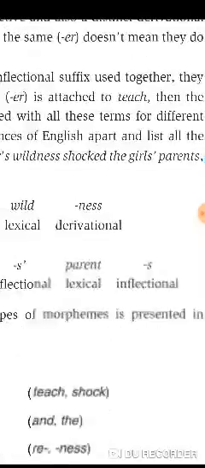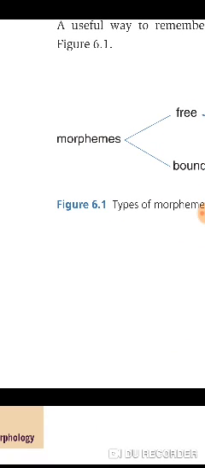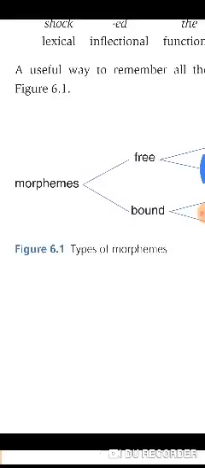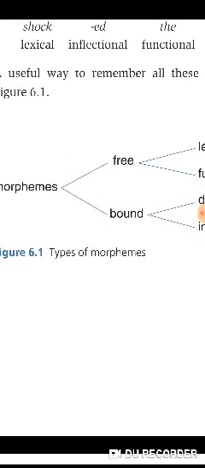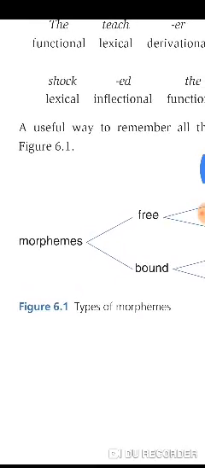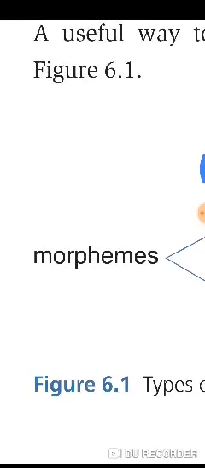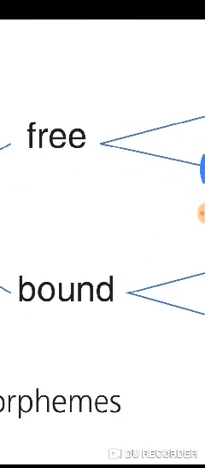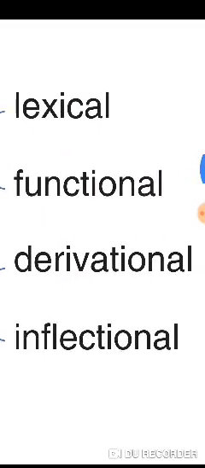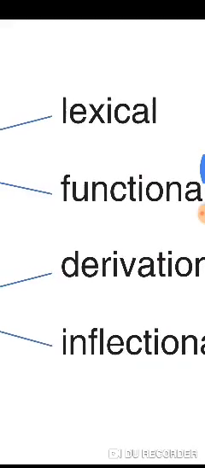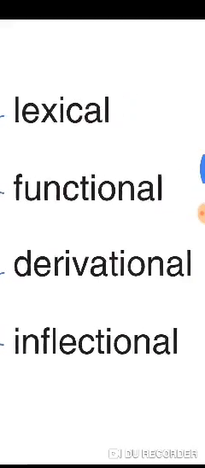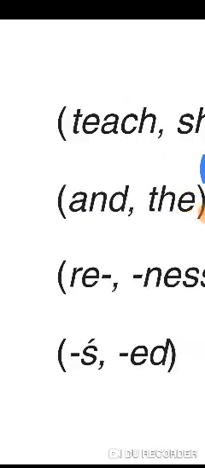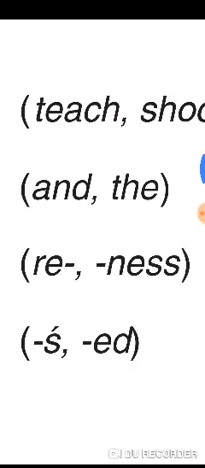Well, if you go to the classification at the end of the page, you see figure 6.1, which talks about types of morphemes. How many morphemes do we have? The figure says there are two types. If you continue to the right side, you see there are four types: lexical, functional, derivational, inflectional. And these are examples.